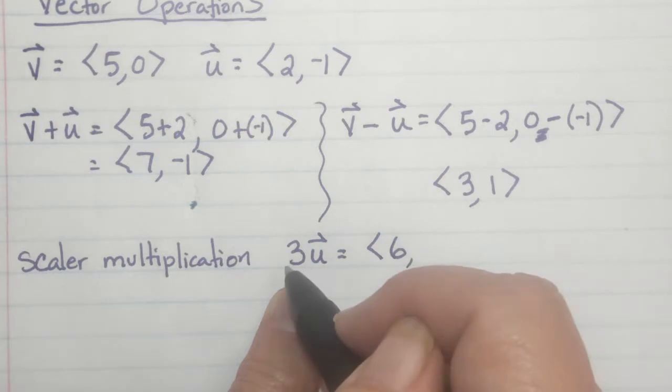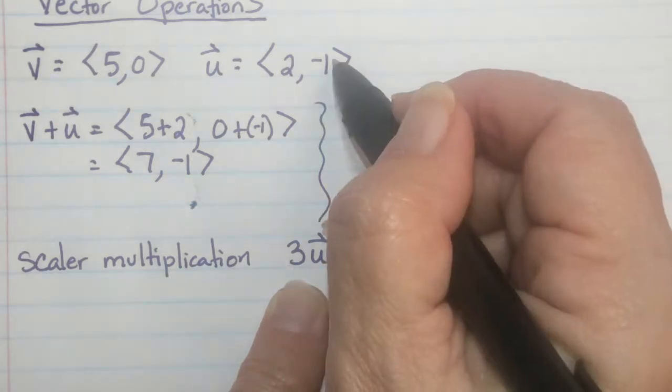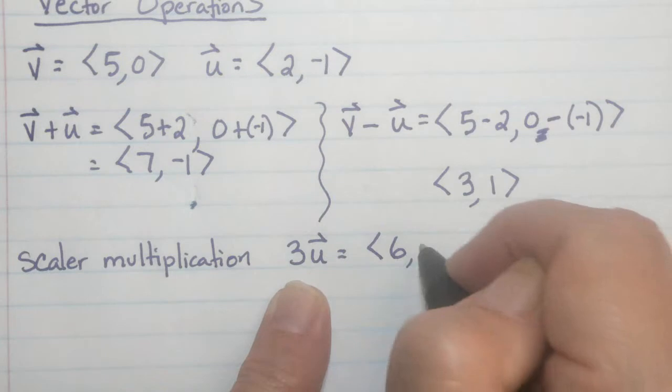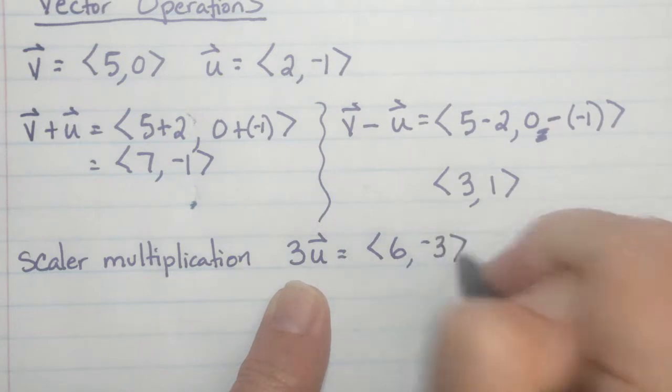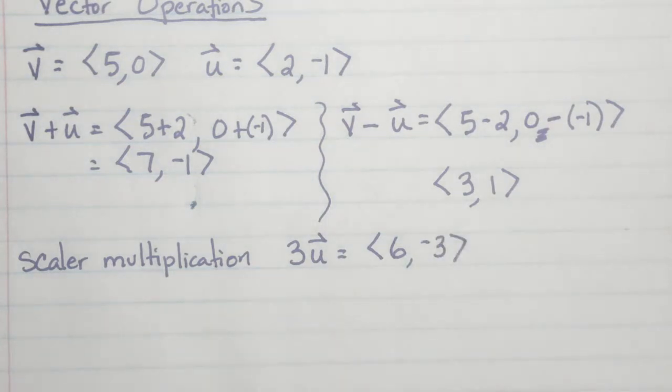And then I take the number 3 and multiply it by the vertical component. 3 times negative 1 is negative 3. That's it. It's like distributing.